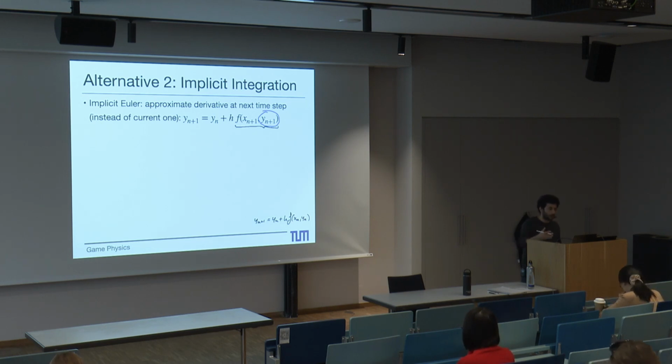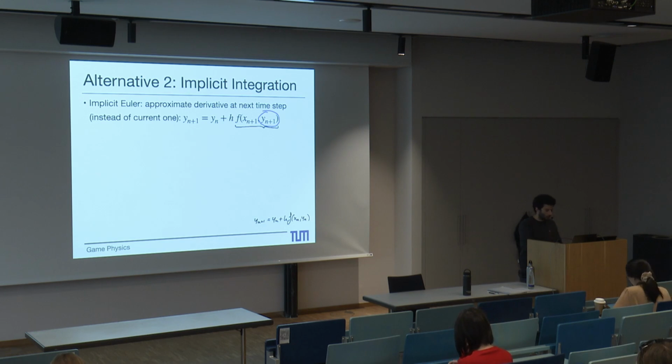And this is a problem because we cannot really solve this expression directly, because in order to compute the value of f, we need to know the value of yn plus 1.